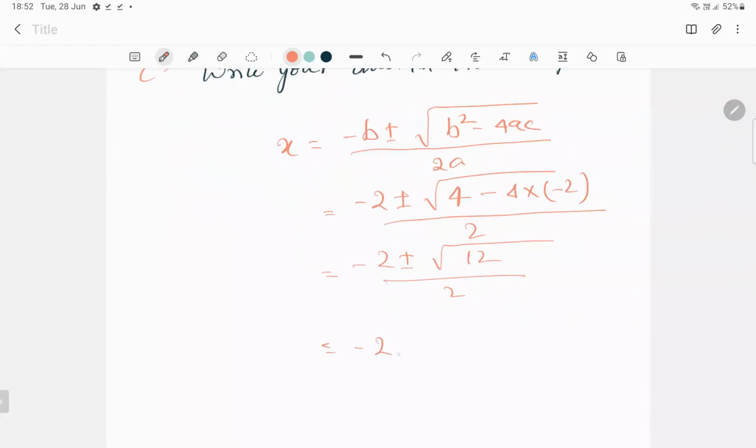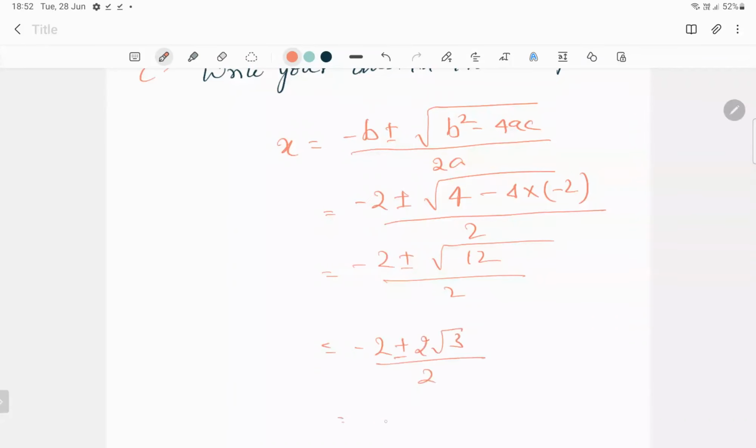So minus 2 plus minus root 12. How can you write root 12? 2 root 3. So 2 root 3 upon 2.